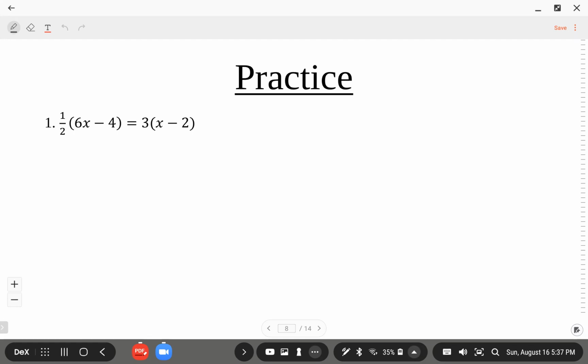So this is our first practice problem. I'm not going to tell you if this is an identity equation or a no solution equation, okay? So please find out if this is an identity equation or a no solution equation. Also write the final step, okay?